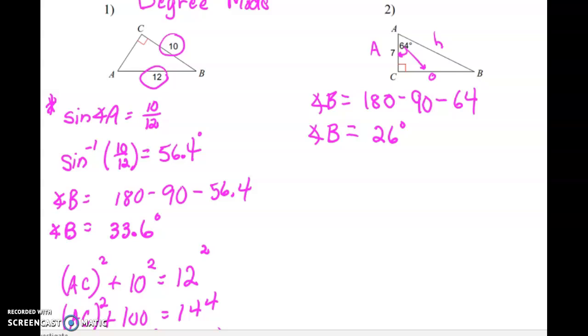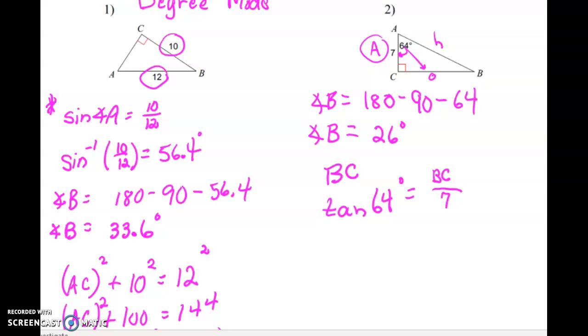Let's say we want to find BC first. That is the opposite leg, and we're given the adjacent leg, so that would be tangent. So we're going to say the tangent of the 64-degree angle is equal to the opposite leg, which is BC, over the adjacent leg, which is 7.